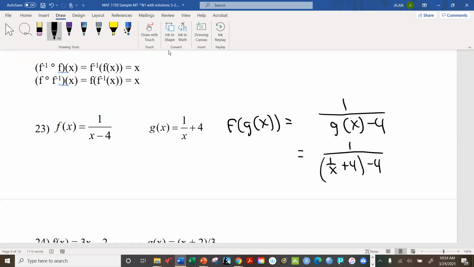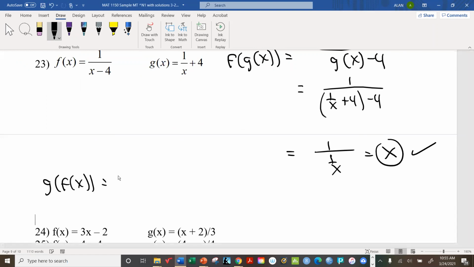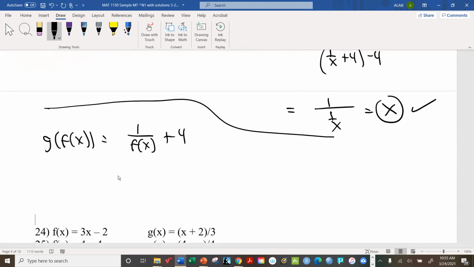Now in the denominator, the 4's drop out. So this part is done. That was easy. What about g of f of x? So we take our g of x and replace the x with f of x. And remember, f of x is 1 over x minus 4.